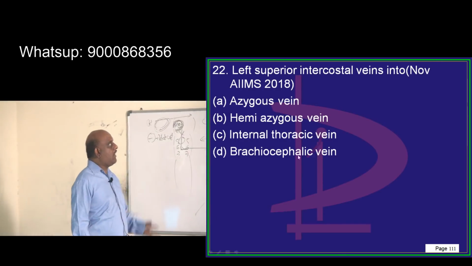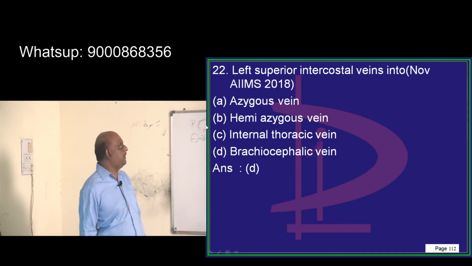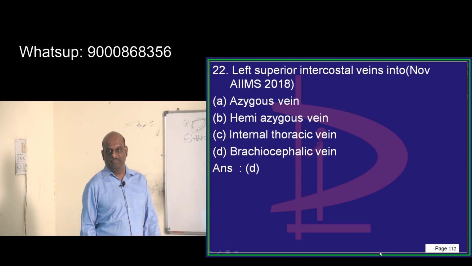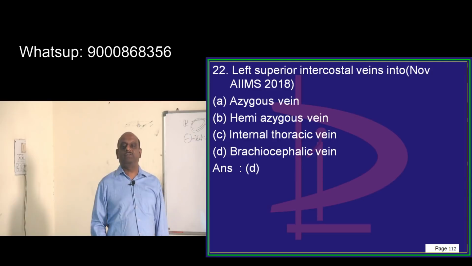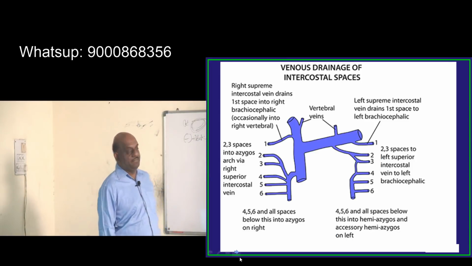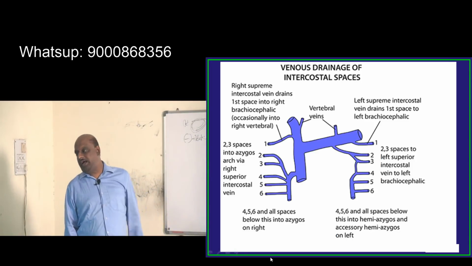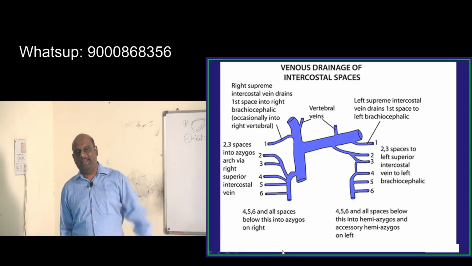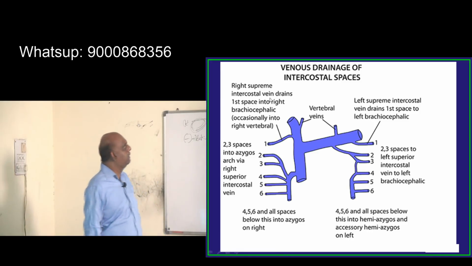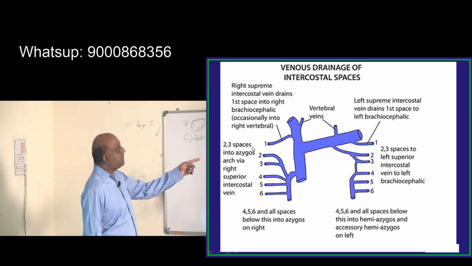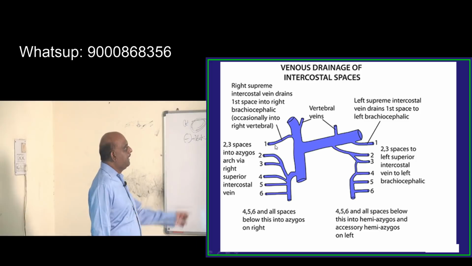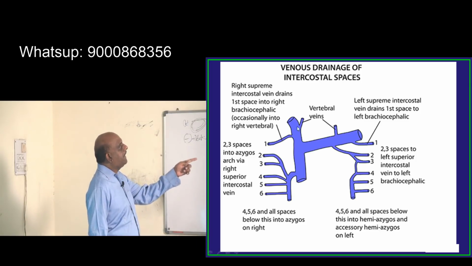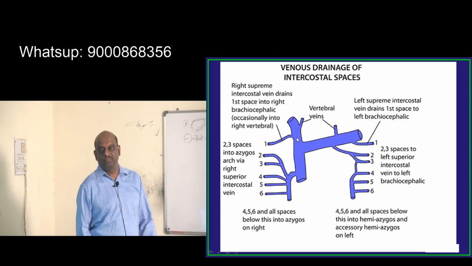Left superior intercostal veins, where do they drain into, is a very, very interesting question. Once more, doctor, the venous drainage of the intercostal space is one of the favorite areas for the examiner. Right or left is a different story. Right supreme intercostal vein drains the first intercostal space on the right side directly into the right brachiocephalic vein, sometimes into vertebral vein.